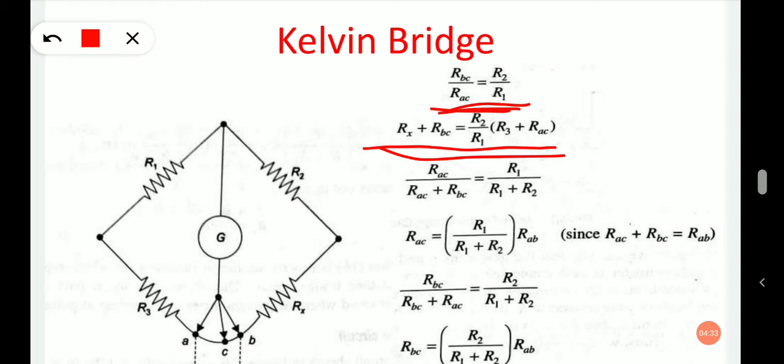Hence we can write RAC upon RAC plus RBC equals R1 upon R1 plus R2, or we can write RAC equals R1 upon R1 plus R2 into RAB, because RAC plus RBC is nothing but RAB.